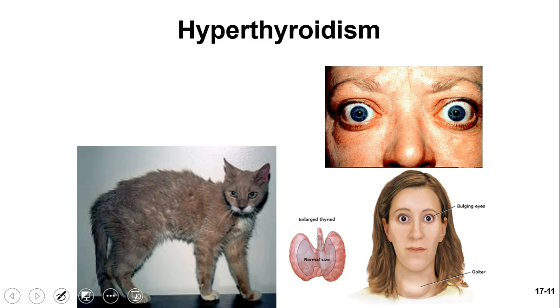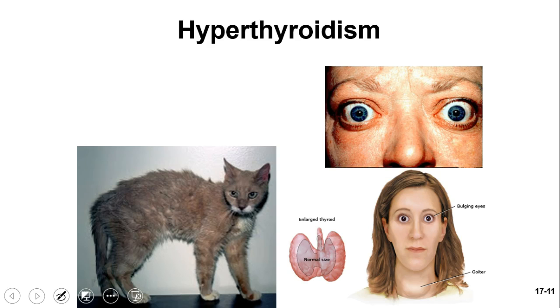In that cat, you're also going to see vomiting and diarrhea because of overstimulation of the digestive tract. But in people, you see a couple extra things, or one in particular, and that is exophthalmos. Okay? And that's bulging eyes. So you will see bulging eyes with this condition.